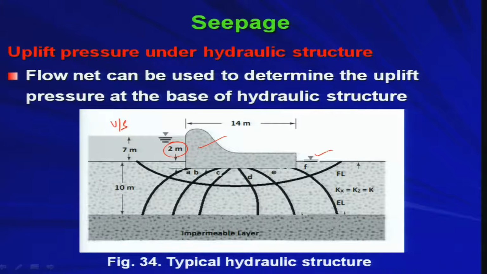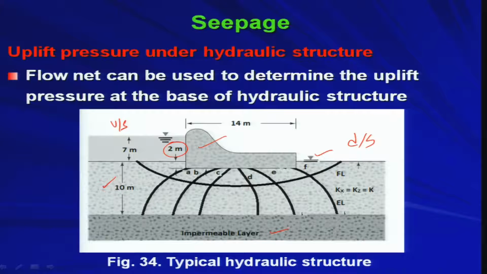So, the difference between the water level at upstream and downstream side is say 7 meters, right. So, this is the head, that is capital H. Now, the depth of the permeable layer is say 10 meters, followed by the impermeable layer here.